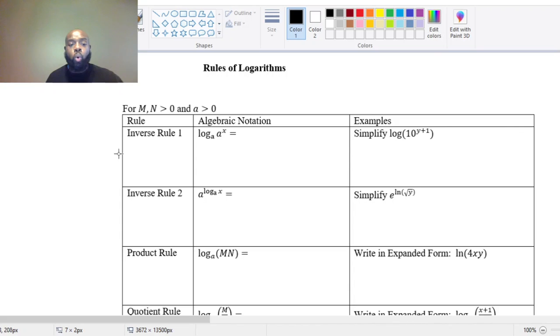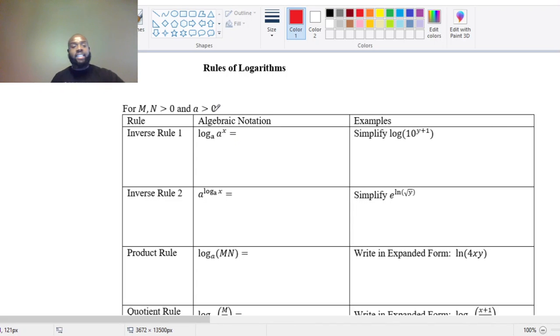The first two rules are what we call our inverse rules. Notice here, I have the log at base A of A to the X. The reason we call this the inverse rule is because this is actually a composition of functions.